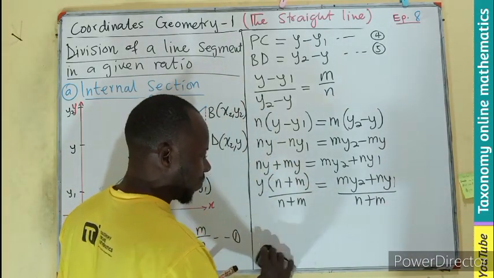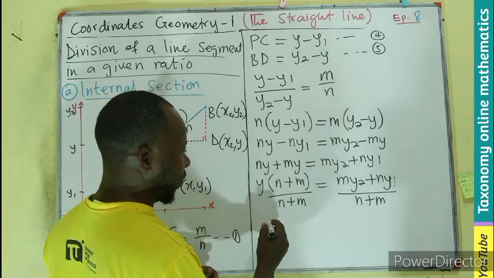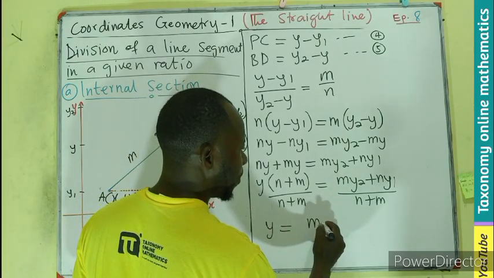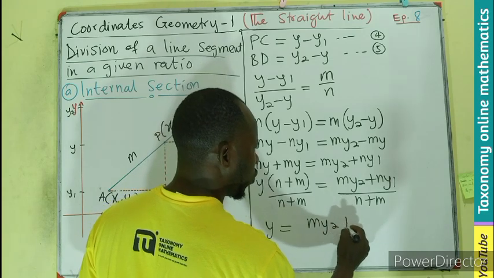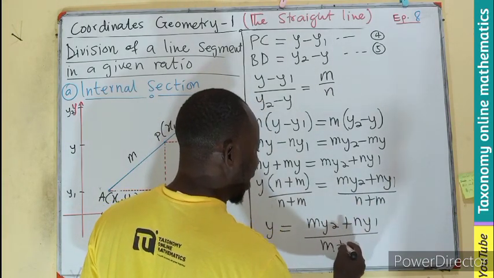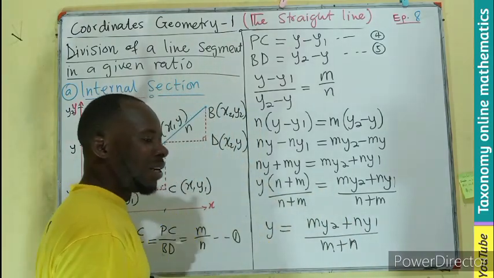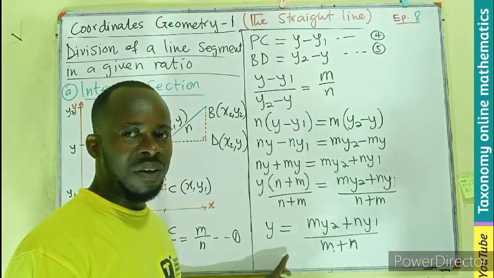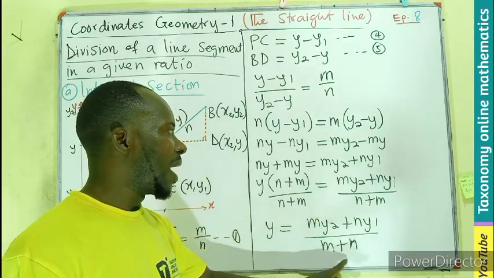I'll be left with y equals my2 plus ny1, over m plus n, since addition is commutative. So you can see we have the y values also similar to that.